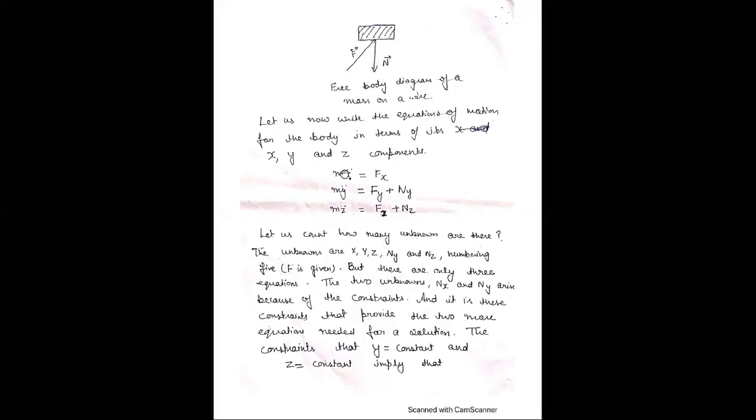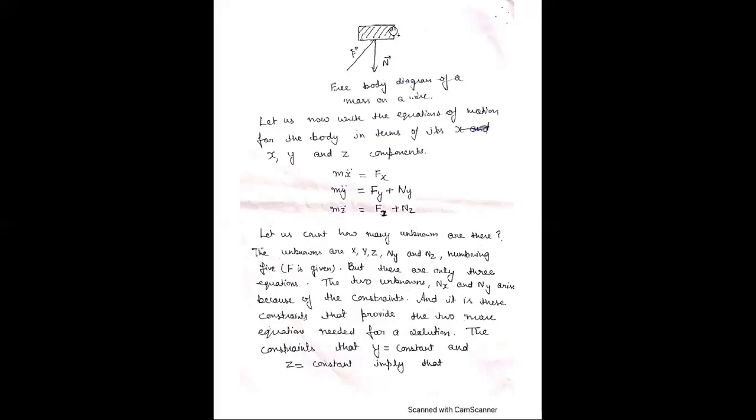How many unknowns are there in these equations? The unknowns are x, y, z, Ny, and Nz, numbering 5. There are 5 unknowns, but only 3 equations. Therefore, we require 2 more equations to calculate all 5 unknown variables. Now, the second constraint is that y is constant.